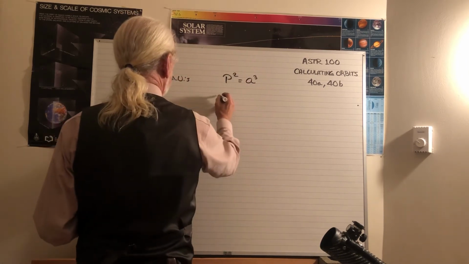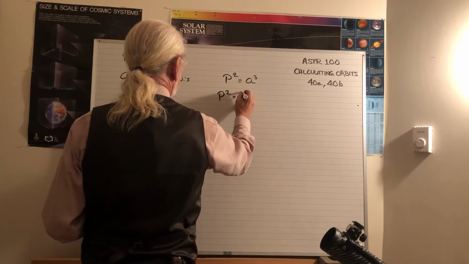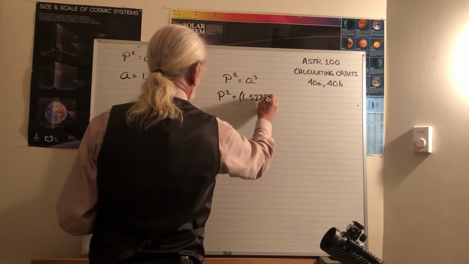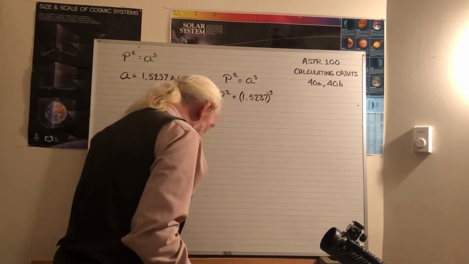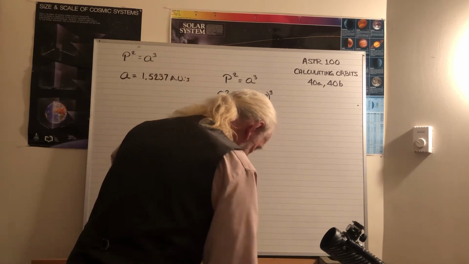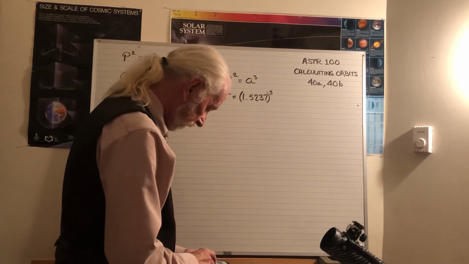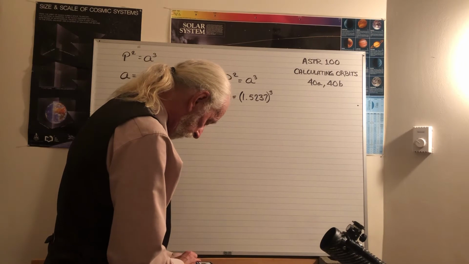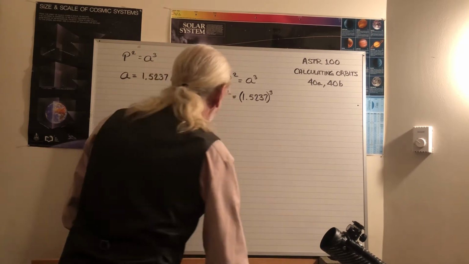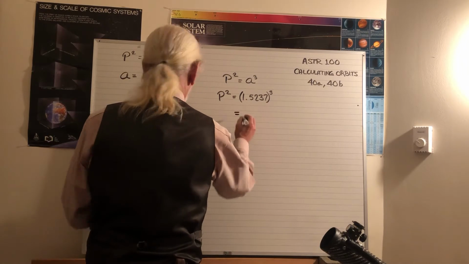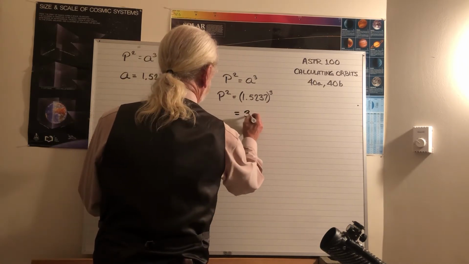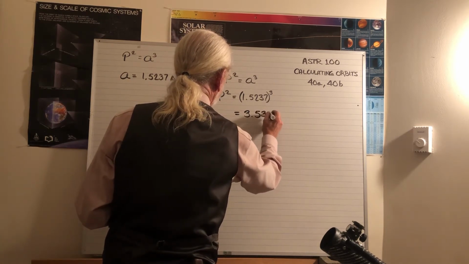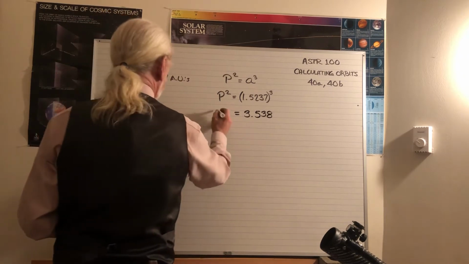Okay, so now we know that p squared is going to equal 1.5237 cubed, and I get 3.538. All right, that's p squared.